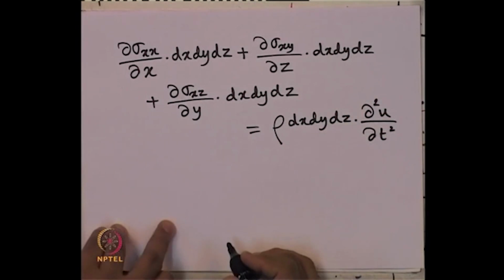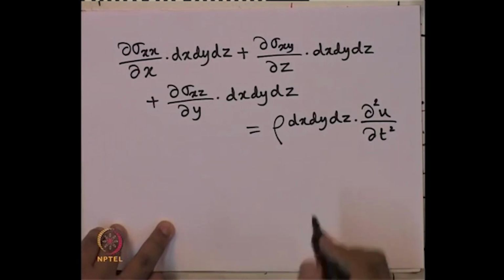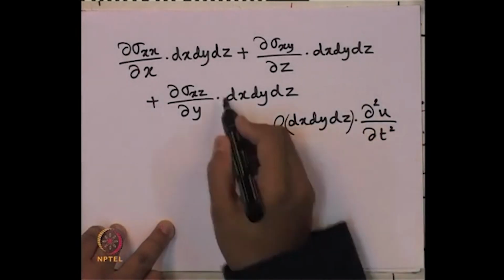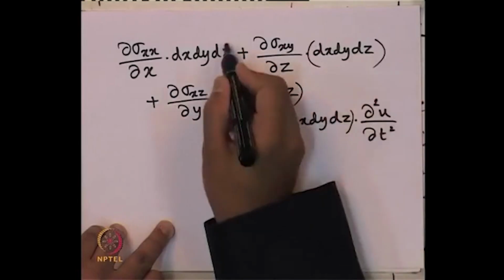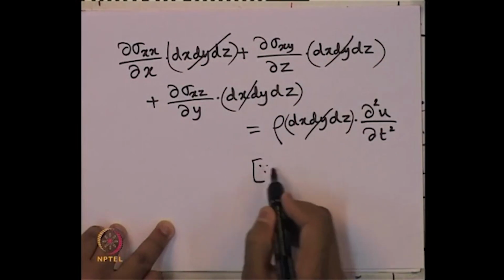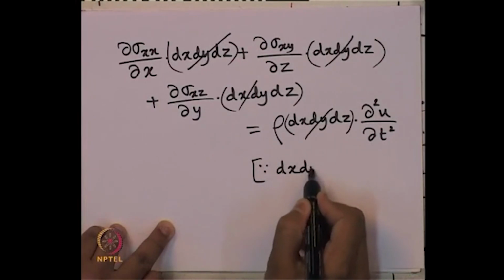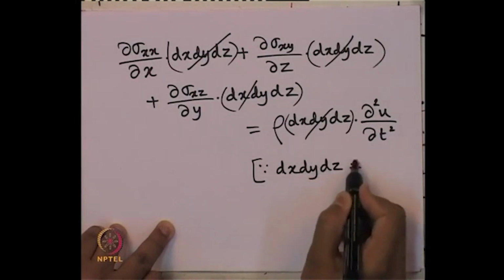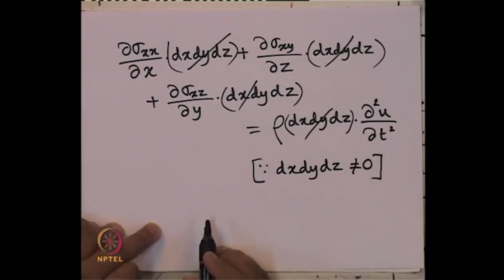Okay. So, this term I can cancel from both the sides, because this is the volume of the element, which is non-zero, has to be non-zero.